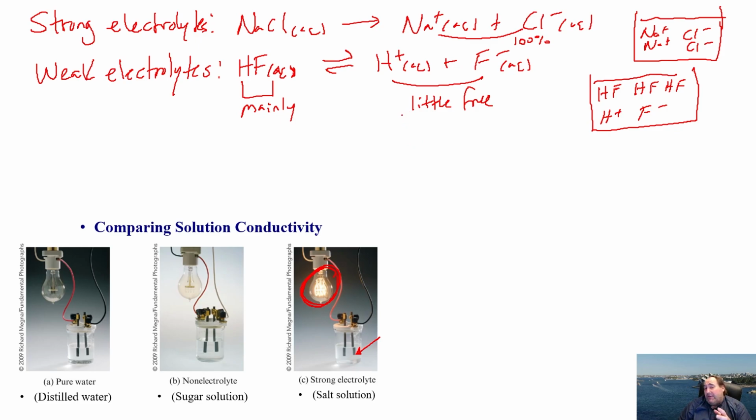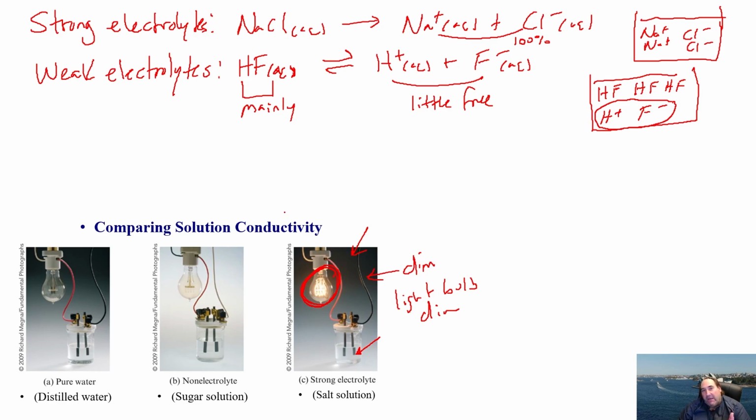So it will actually still be able to conduct electricity because there's still ions present in that solution, nowhere near what we have in our strong electrolyte. I don't really have a picture here, but if we were to have the light bulb here, it would be very dim. If we had a weak electrolyte, our light bulb would be very dim, and it would still light up, but it would look almost like it's about to die.